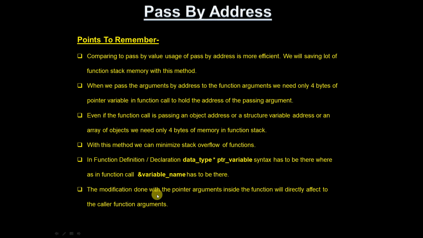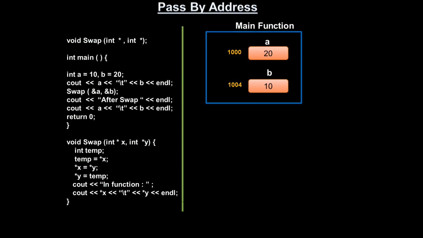The modification done with the pointer arguments inside the function will directly affect the caller's arguments. Whatever operations you have done here using pointers star x, star y, that directly affects the values of a and b, because we have passed the addresses to the function.